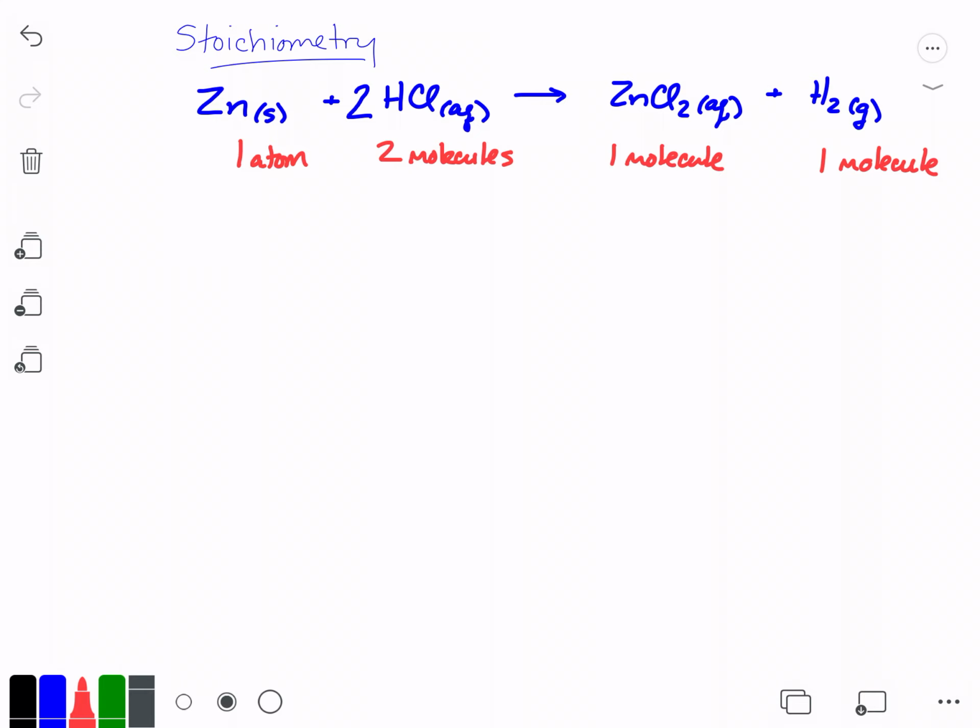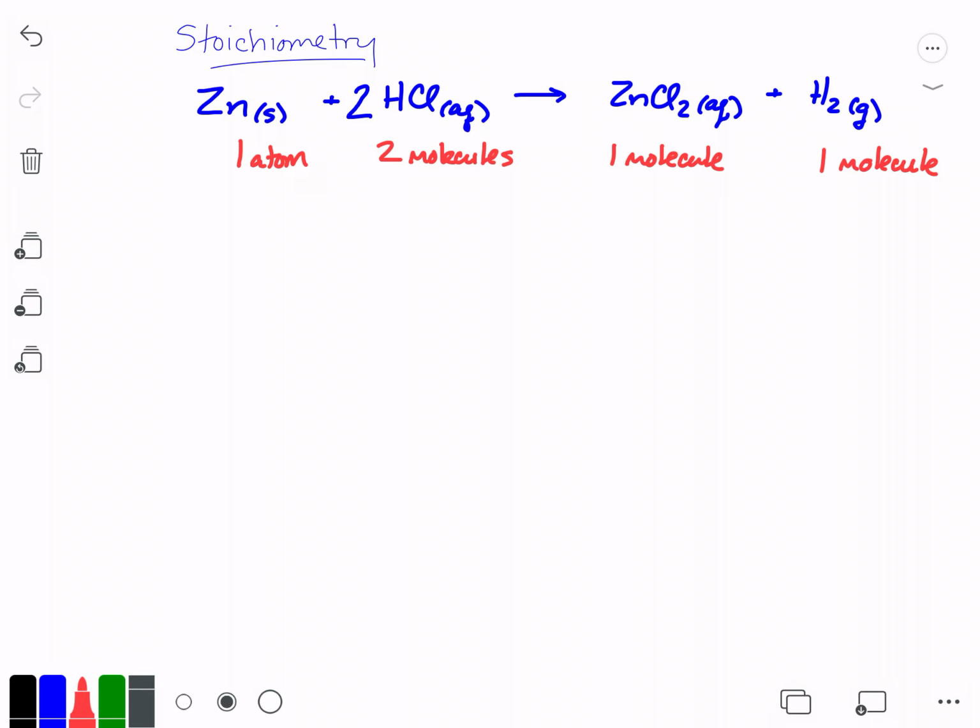The molecule level or scale isn't particularly useful for us when we start talking about measuring things, because obviously we don't have any balances or devices that can measure down to the molecule size or to the atom size. And so we scale everything up using that mole unit that we've learned about.